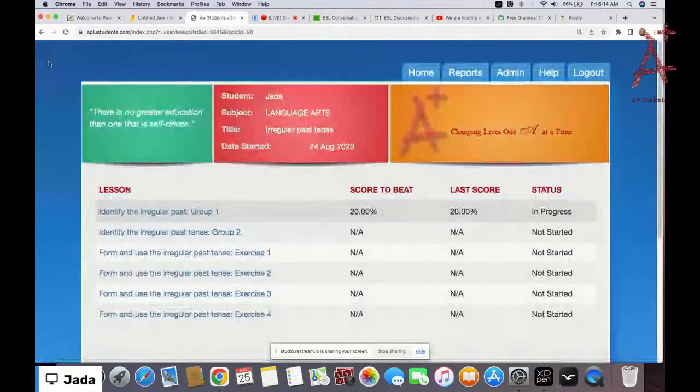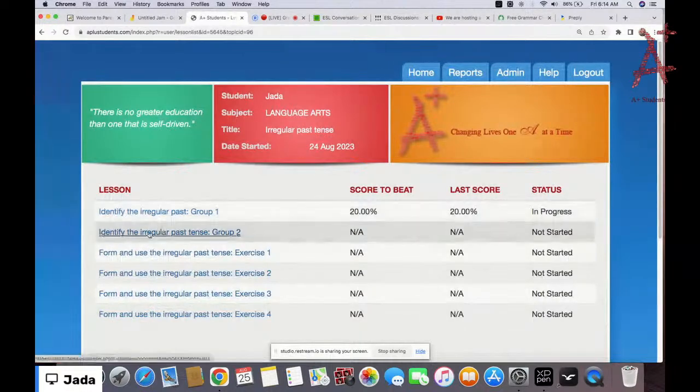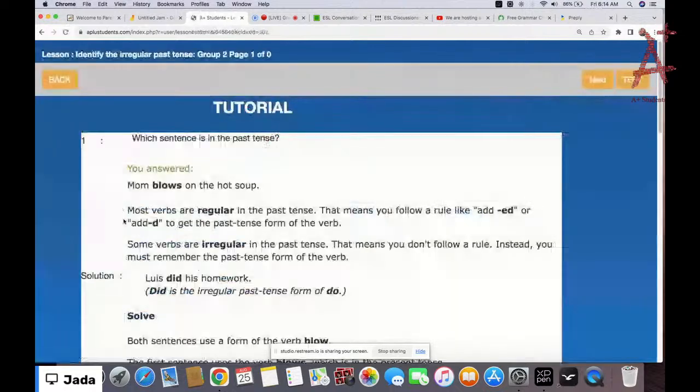So yeah, we go to the next, which says identify the irregular past tense group 2. Now this is the same thing, right? How we did the first. Okay, this is actually the same thing.